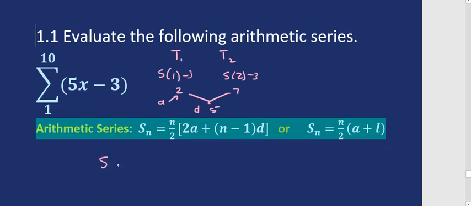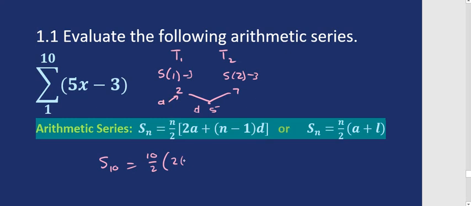We know we have 10 terms in this series. From 1 to 10 means we have 10 terms. So substituting into this formula, it will be 10 divided by 2, that's 5, multiplied by 2A.